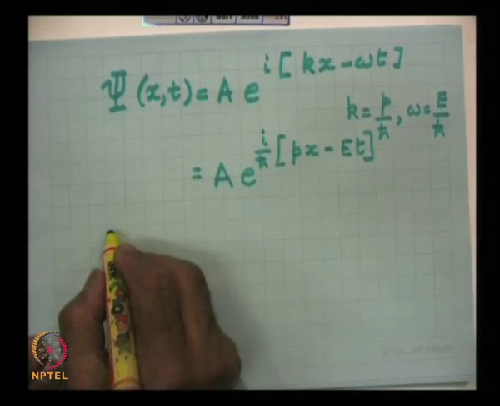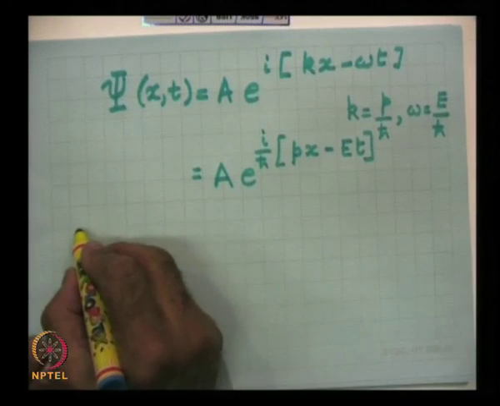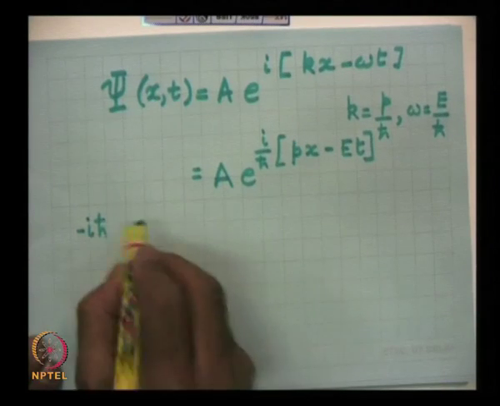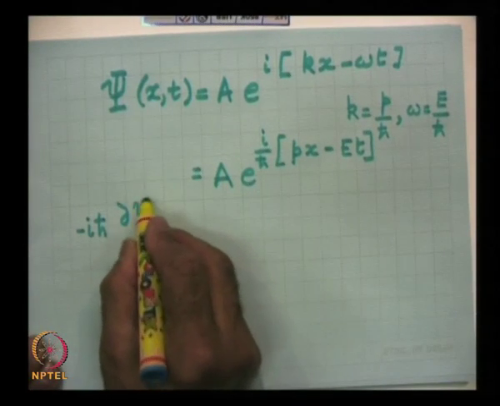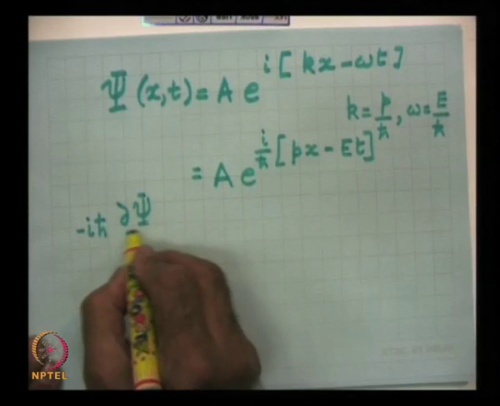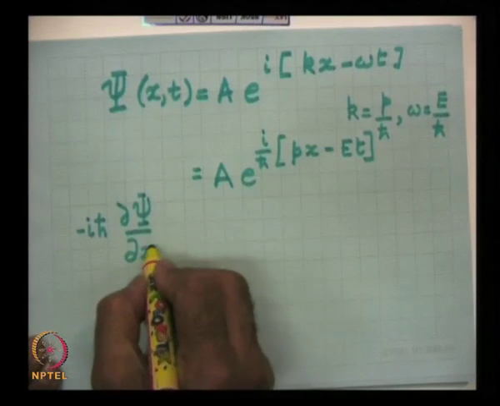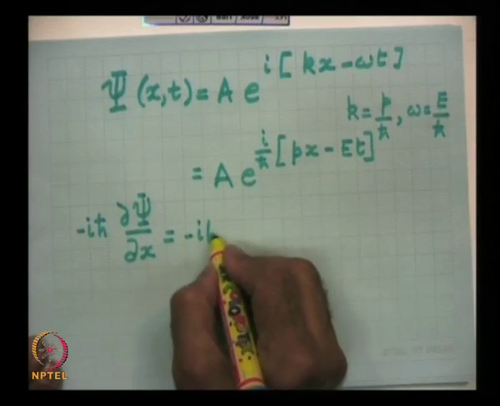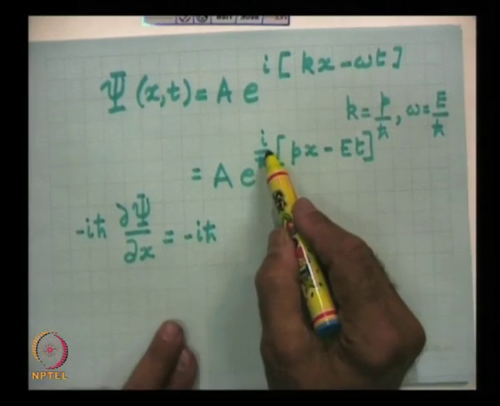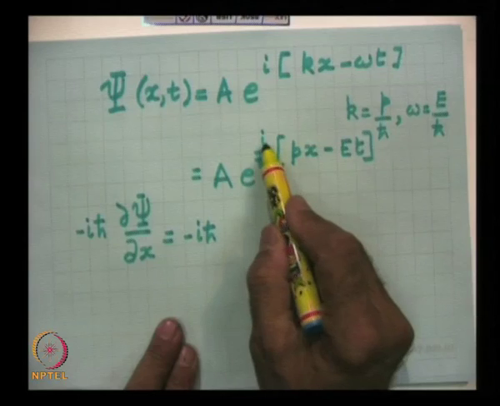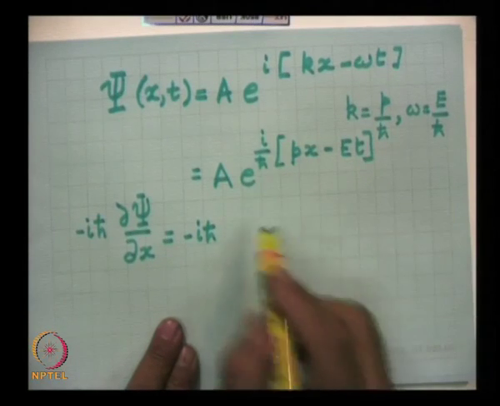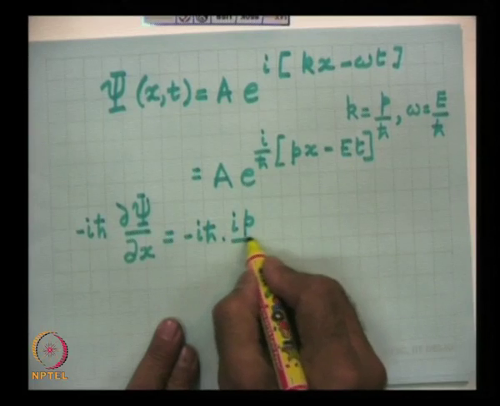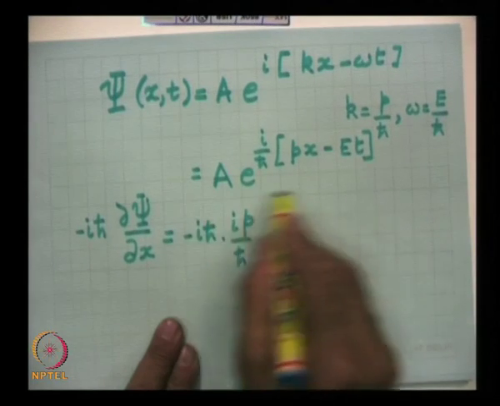Then I partially differentiate with respect to x and multiply by minus i h cross. So, minus i h cross ∂ψ/∂x is equal to minus i h cross, and if I differentiate this with respect to x, I will get i p by h cross, multiplied by i p by h cross times the whole thing.